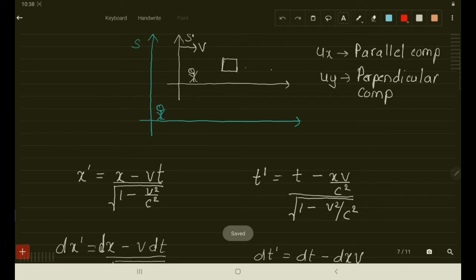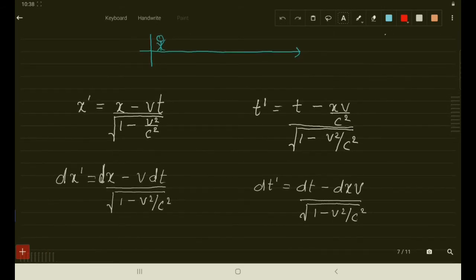Now what we are going to do is substitute x dash by dx dash, x by dx and t by dt. In the same way we are going to do it for t dash also, t dash by dt dash and t by dt, and x will be substituted by dx. Now we are not going to use differentiation.